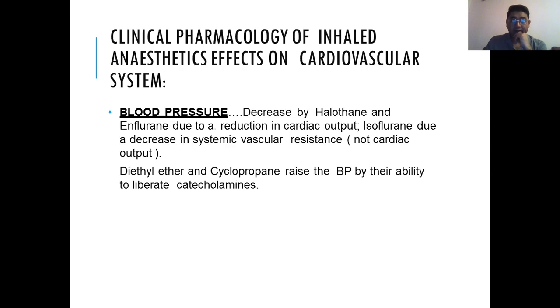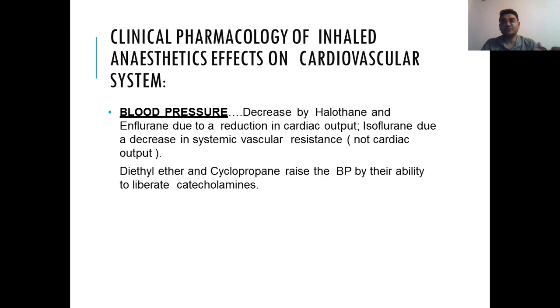Okay, clinical pharmacology of inhaled anesthetics: effects on the cardiovascular system. Now we are talking about the effects of these agents on different systems and different organs, because it is very important in which comorbid condition we should select which drug.